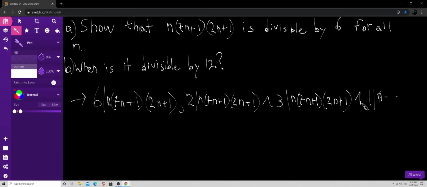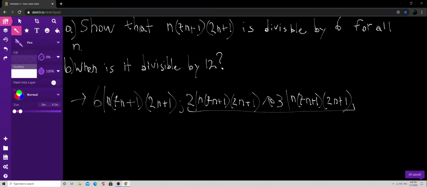This is kind of trivial, so we don't have to write it since 1 divides any expression. These are the two key ideas, and working in mod 2 and 3 is much easier than working in mod 6. So why don't we get started with this?